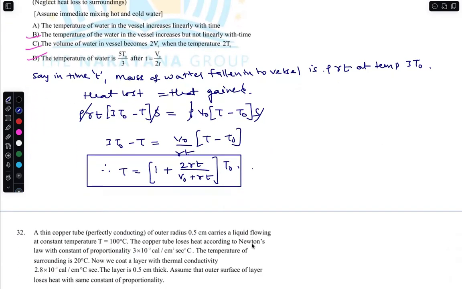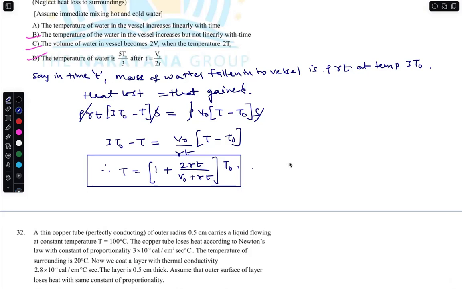That is one equation I got. Of course, the temperature of the water in the vessel increases, but not linearly. If the denominator did not contain the time term, it would be linear, but the denominator also contains the time term, so it is non-linear. The volume of the water in the vessel becomes 2V naught when the temperature is 2T naught.